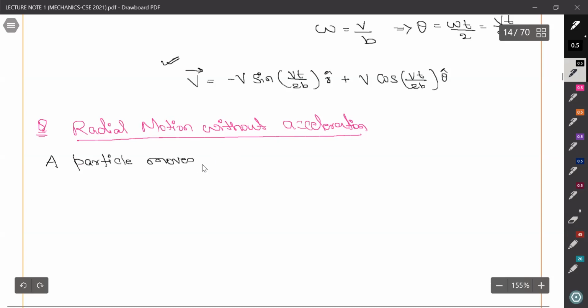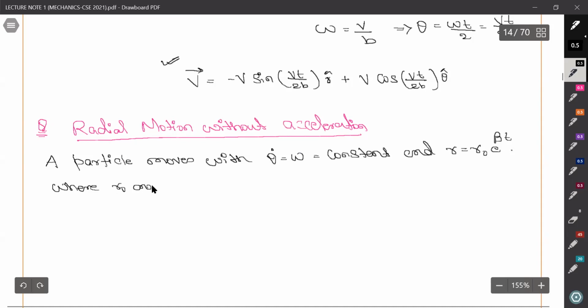A particle moves with theta dot equal to omega, which is given here and is constant, and r is given as r naught e to the power beta t, where r naught and beta are constants.